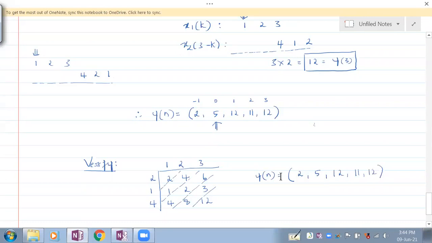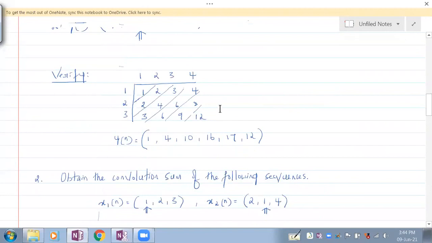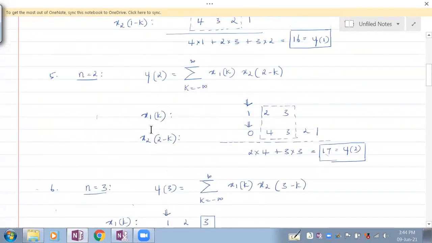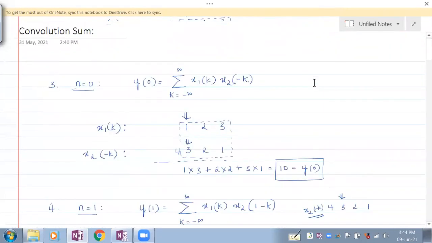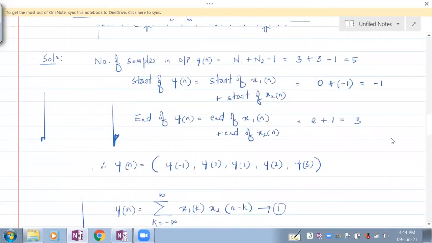Okay, but in this verification, we do not get to know where it is starting, where it is ending, and where our 0th sample is supposed to be. So that part is not understood here. But yes, the sample values can easily be understood. How do we understand this is our 0th sample? Initially, we made that analysis.